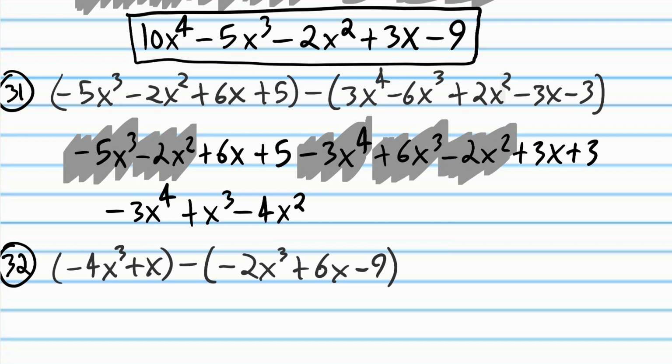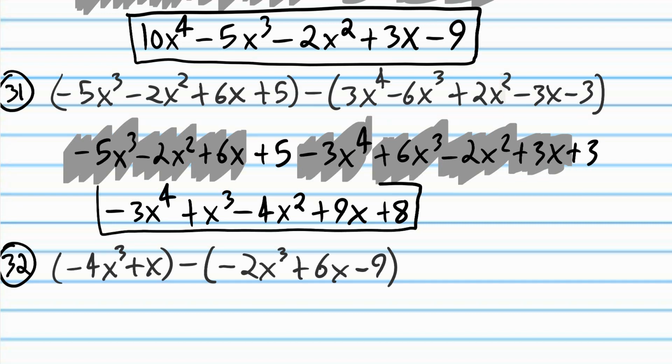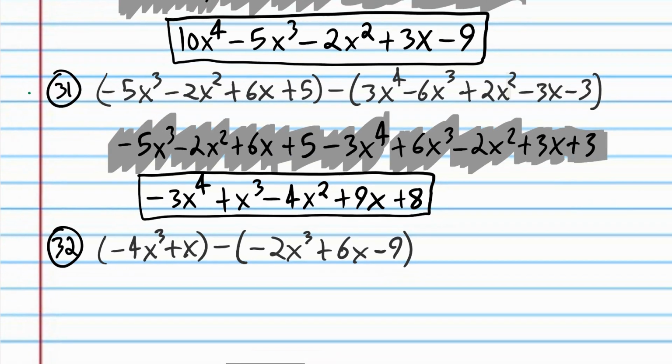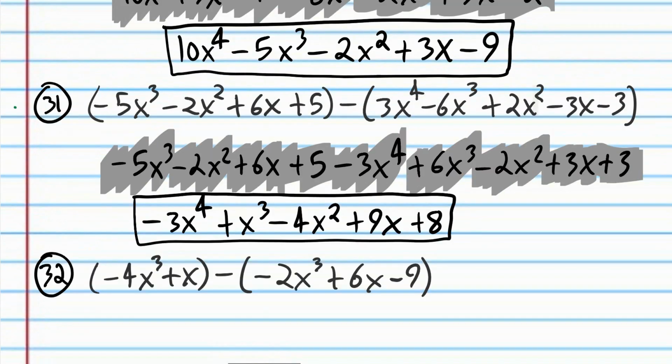And 6x plus 3x is 9x. And 3 plus 5 is 8. So if you got that answer, excellent. Go ahead and try number 32, and when you come back, we'll do it together.